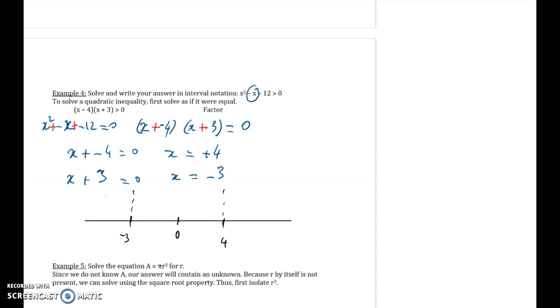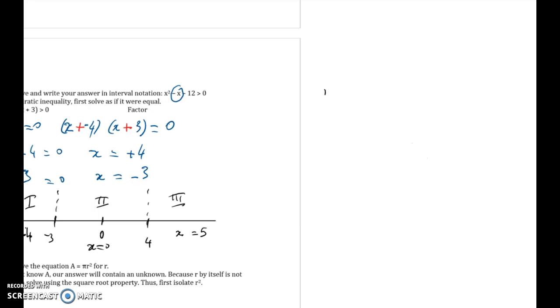You are going to define 3 intervals. In each of these 3 intervals, you are going to choose a value of x. Here I'm going to take x equal -4. Right there I'm going to take x equals 0, why not? 0 is a part of the interval number 2, and right here I'm going to have x equal 5.